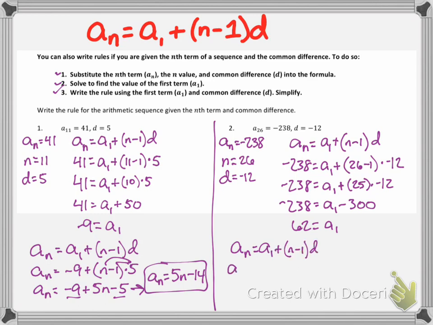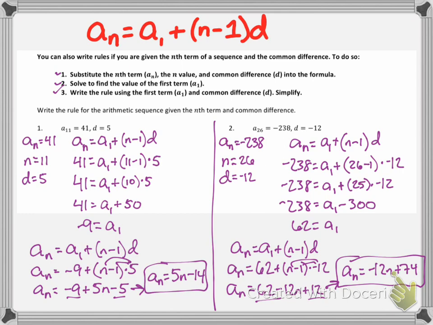If I'm writing the actual rule, I just plug in a sub 1 and d. So I simplify. I'd have 62 minus 12n plus 12. Combine my like terms. My final rule would be negative 12n plus 74.